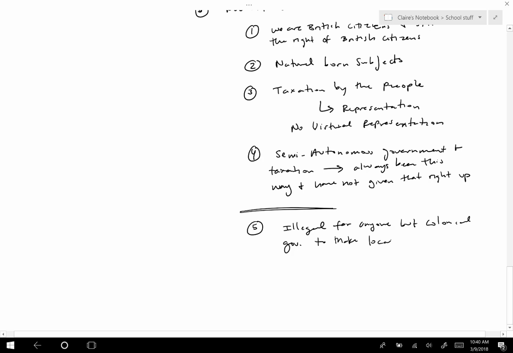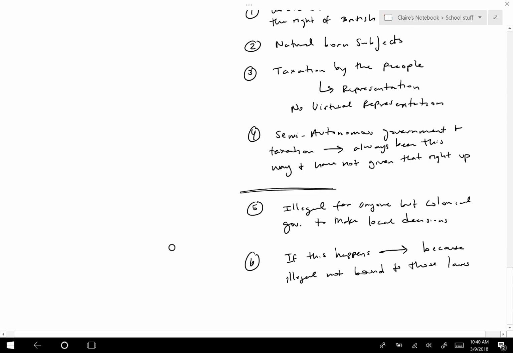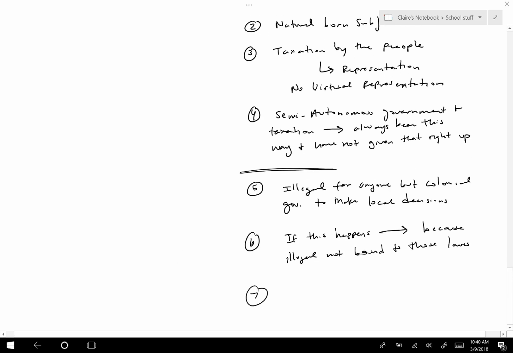Make local decisions. 6 says basically that then if this happens, because it's illegal, they're not bound to those laws.